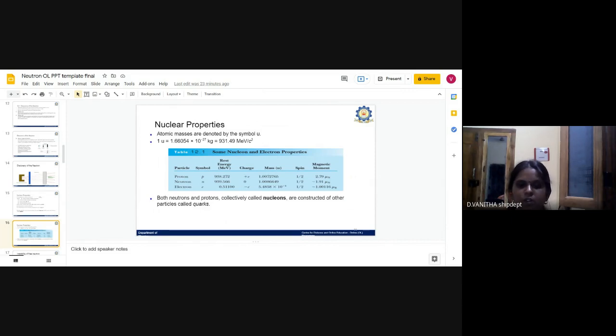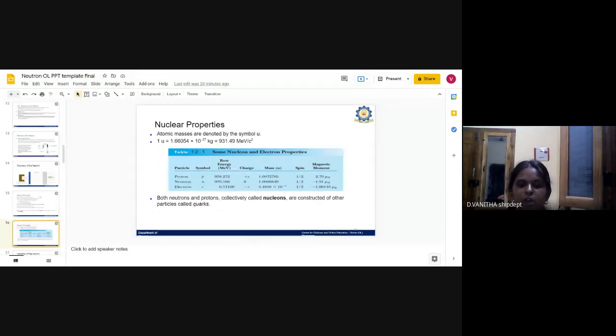And the electron is denoted by the symbol e. The electrons revolve around the nucleus, and the rest mass energy is 0.51100 million electron volt. The charge of the electron is minus e.